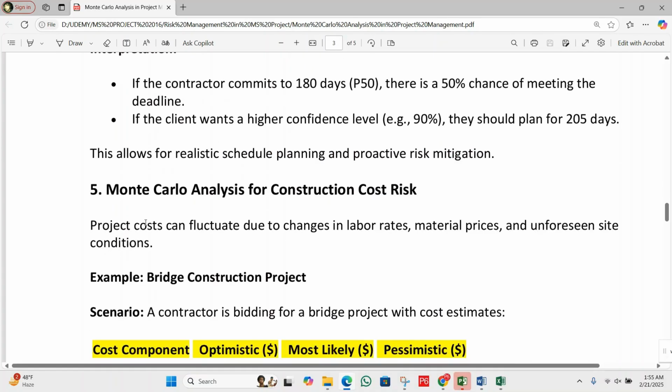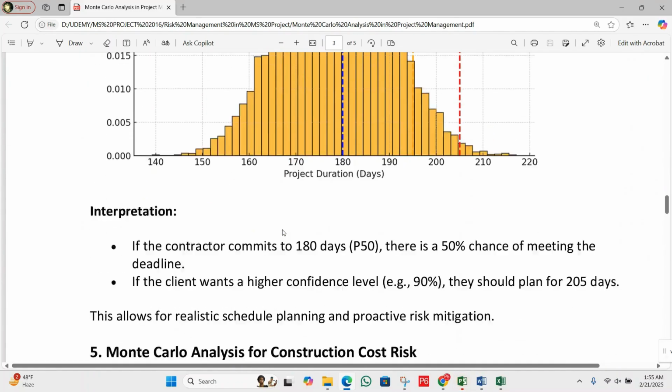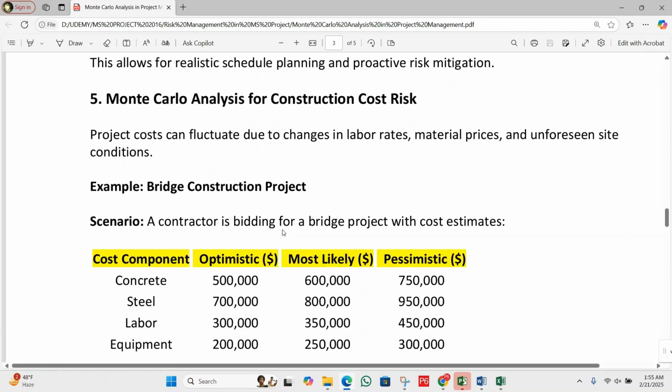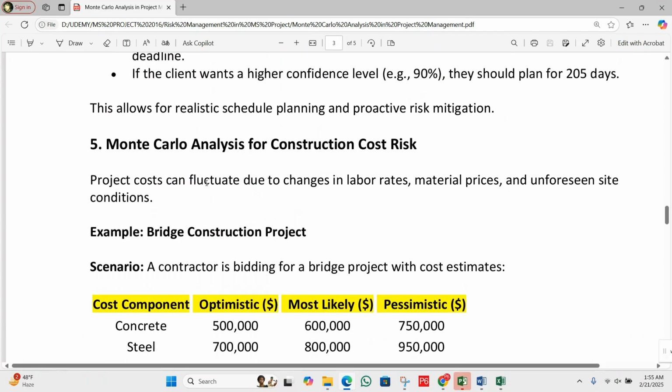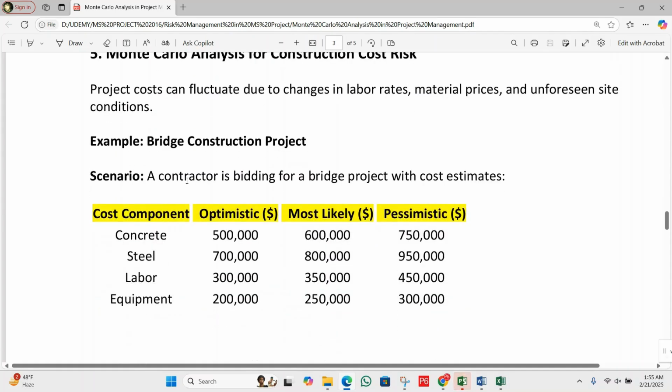Okay, so next we have a Monte Carlo analysis for construction cost risk. This was the duration risk, so next we have the cost risk. Project cost can fluctuate due to changes in labor rates, material prices, and unforeseen site conditions. Example, a bridge construction project: a contractor is bidding for a bridge project with a cost estimate.